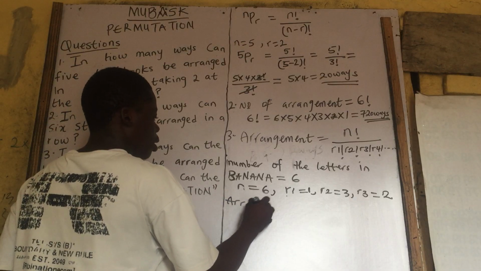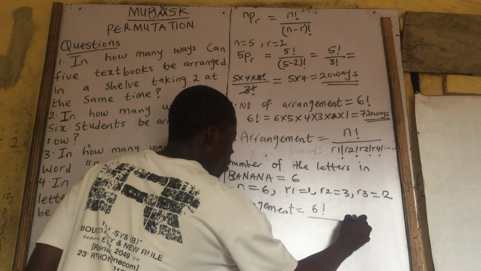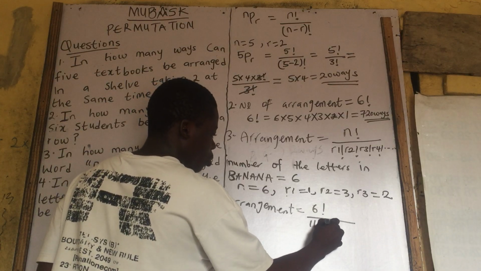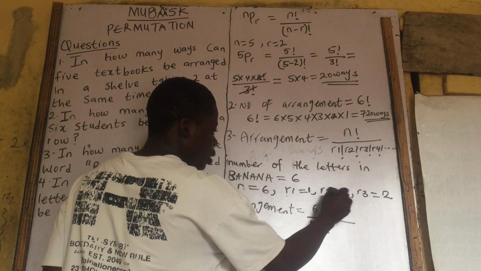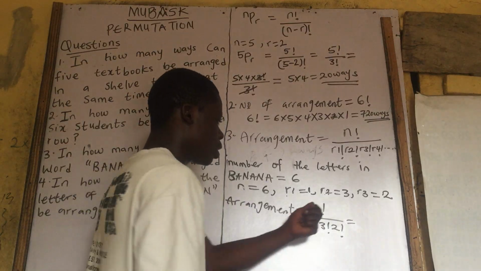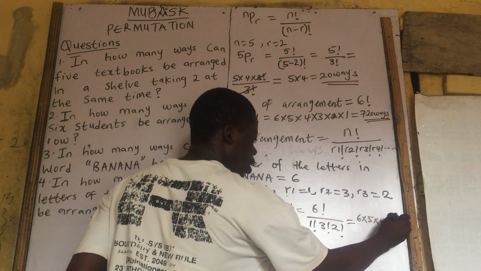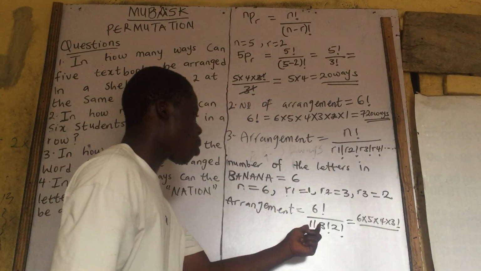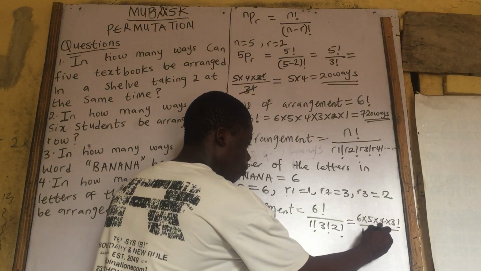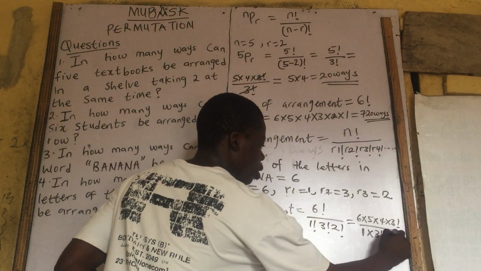Arrangement now equals 6 factorial divided by r1, which is 1 factorial, r2 is 3 factorial, r3 is 2 factorial. 6 factorial equals 6 times 5 times 4 times 3 factorial, divided by 1 factorial, which is 1, times 3 factorial times 2 factorial, where 2 factorial is 2 times 1, which equals 2.